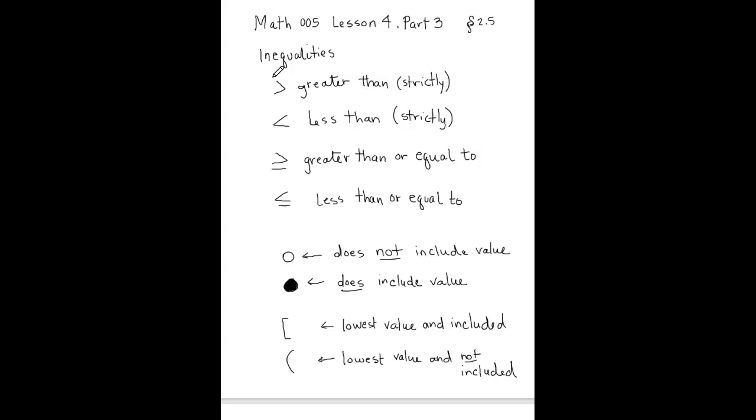Similarly, less than, if you don't have that bar underneath indicating that it's an equals, then you have strictly less than, and you're not going to include that value in your solution.